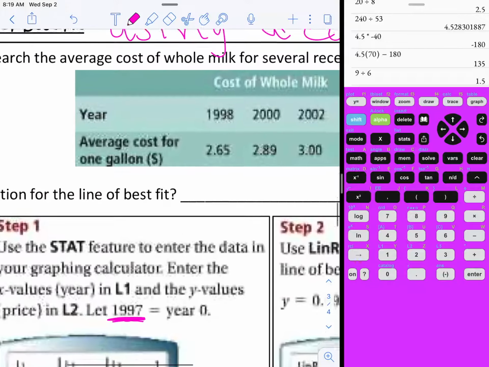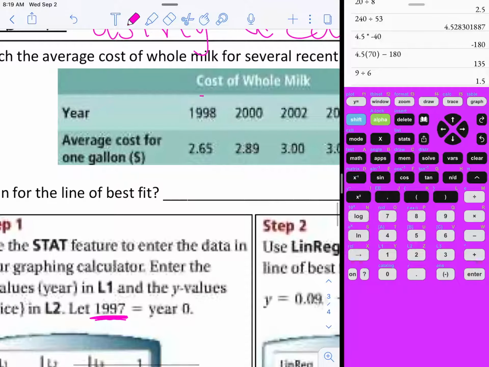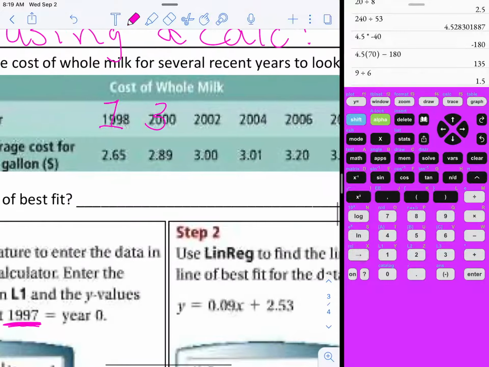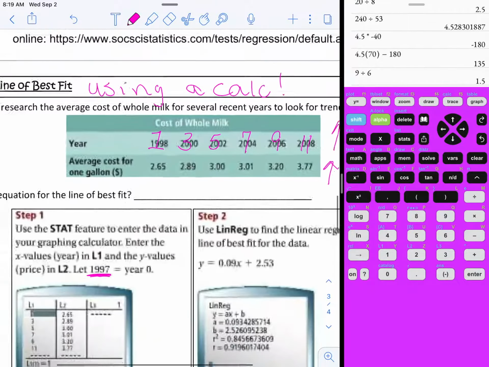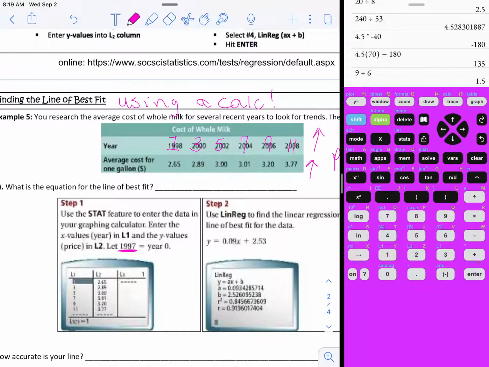If we're going from 1997, that would mean 1998 is 1, because it's 1 year past 1997. Then 3 years past 1997, 5 years past 1997, 7, because 1997 to 2004 is 7, 1997 to 2006 is 9, and 11. So those are the x's they want us to use, and they are years since 1997.